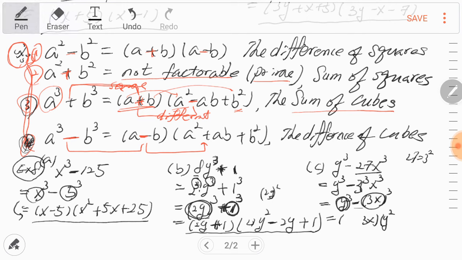Okay, so y minus 3x, and then change the sign so it becomes plus the first part, second part. Multiply y and 3x. So 3xy plus the second part squared. 3x squared is 9x squared. Parenthesis. So this is the factored form.